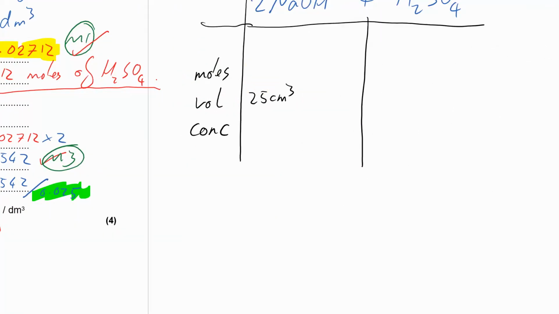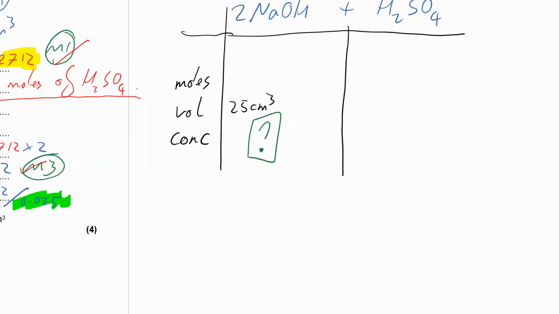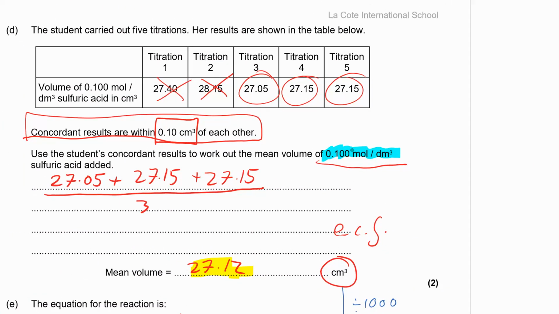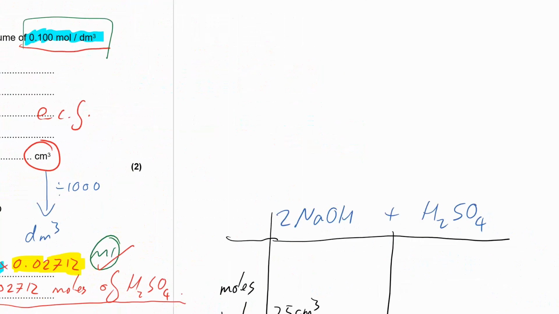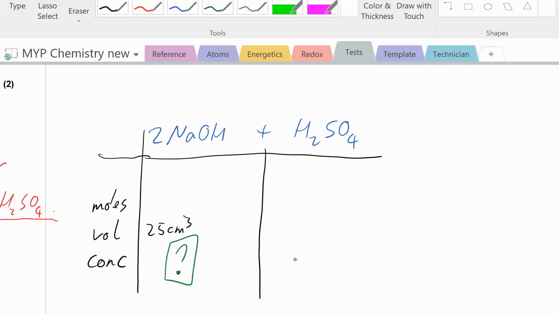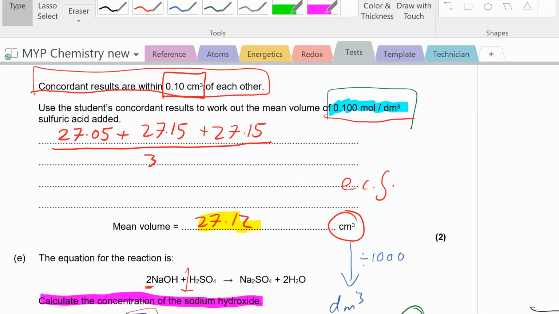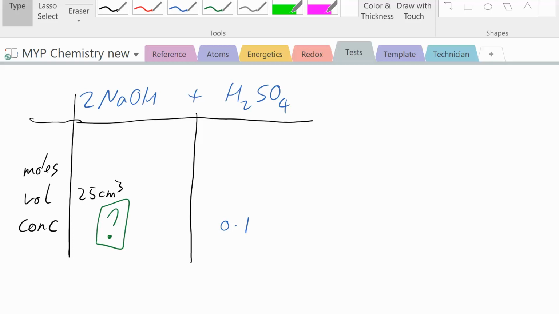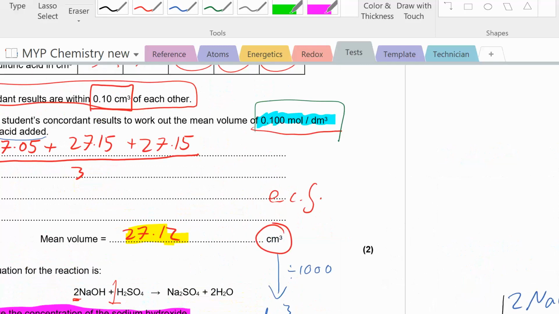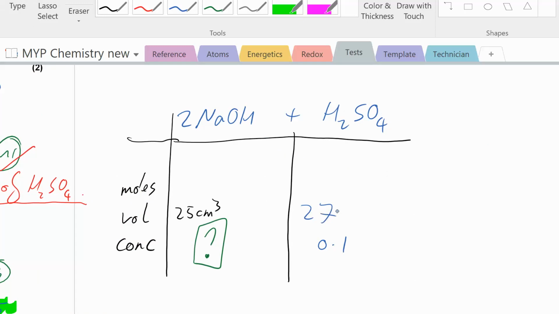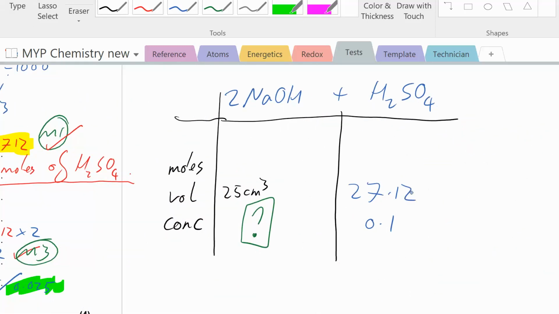So that essentially is going to be a big question mark here, because that's what we're trying to find out. Then a titration, you have this value, 0.1 as the concentration of sulfuric acid. So we can put that in here. That's 0.1 because it says a mean value of 0.1 moles per decimeter cubed of sulfuric acid. So you've got to decipher the question a little bit. And then the volume of acid, which is calculated from the first question, and that's 27.12.